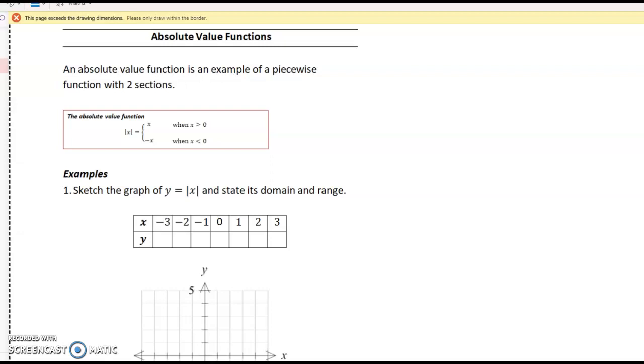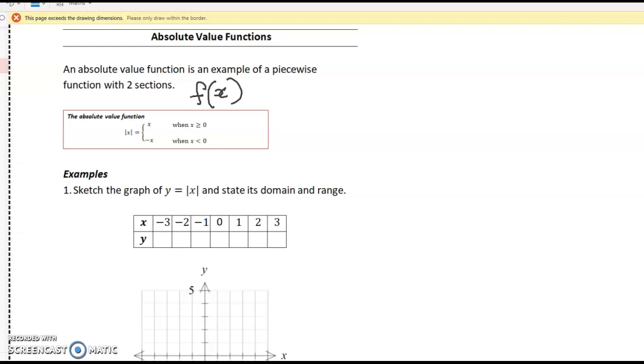Alrighty, so the absolute value function, what's interesting about it is that because we're thinking about absolute value, i.e. the distance from 0, that distance is always positive.